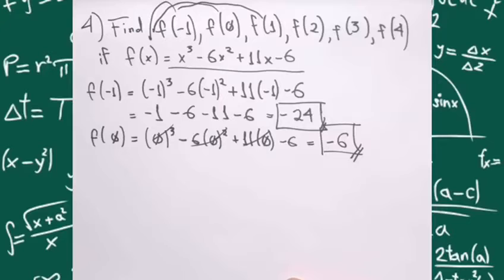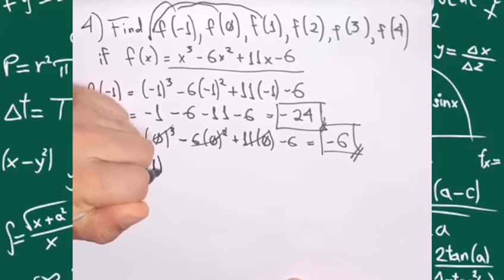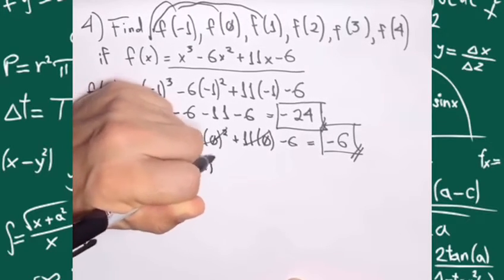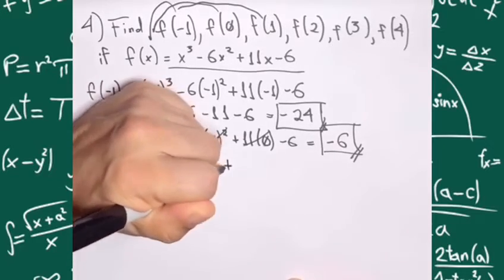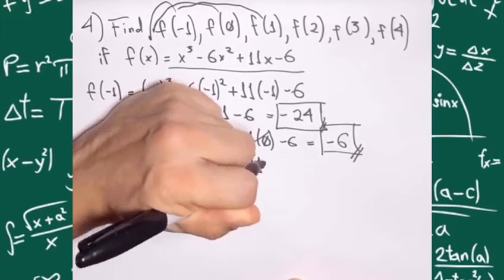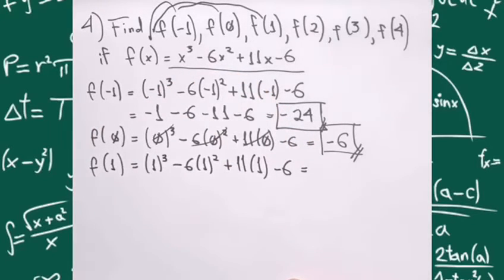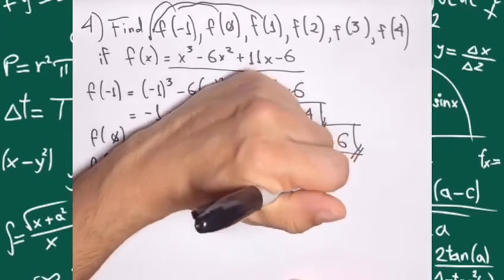F of 1 is going to be also pretty simple, because 1 times 1 is going to be 1 all the time. 1 cubed minus 6 times 1 squared plus 11 times 1 minus 6. And again, all you have to do is practice. Get in the groove of doing these quick multiplications, quick additions, and that's where the challenge is going to be, okay?